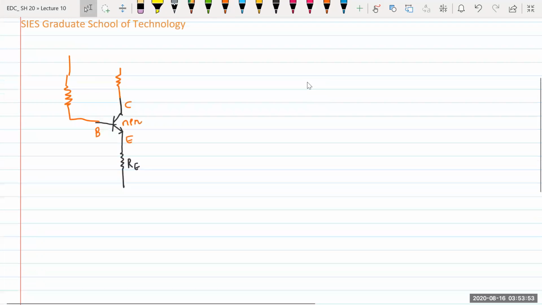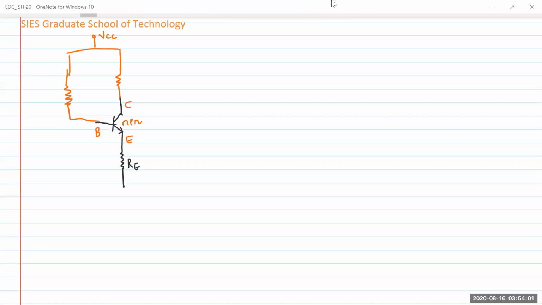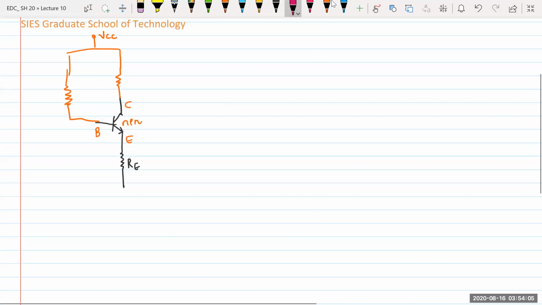To this, I am going to add the supply, which is VCC. The current through this is IC. Here the current is IB.